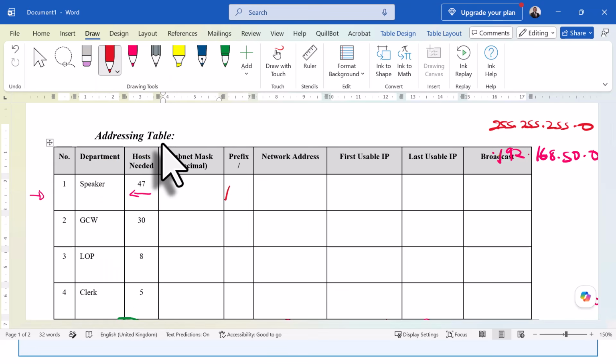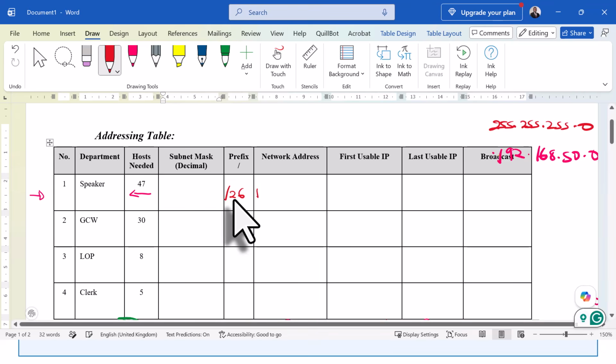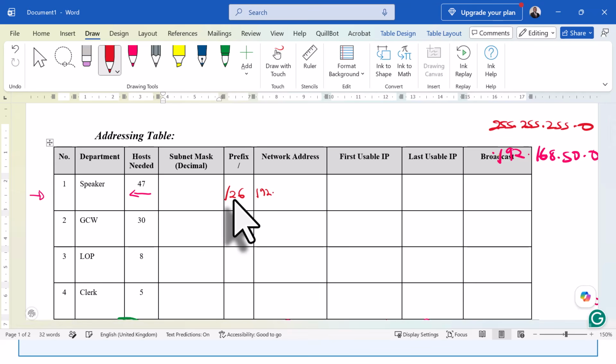So my prefix currently is 26, right? Because I have borrowed 2 bits. And my network address was the first network address that we're dealing with, 192.168.50.0. The first usable IP address is 192.168.50.1.